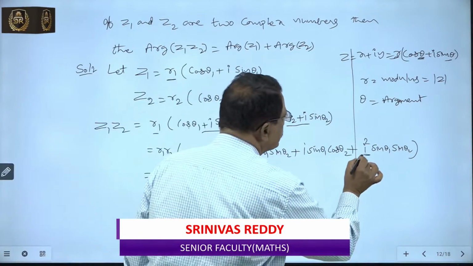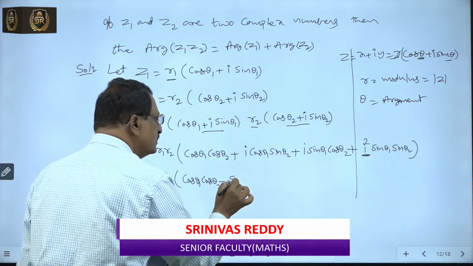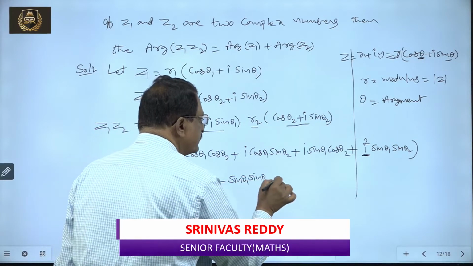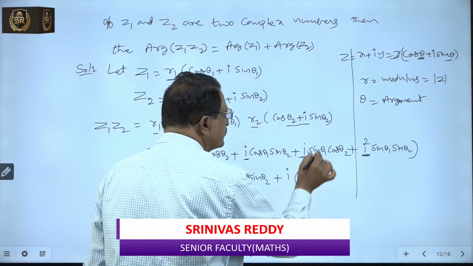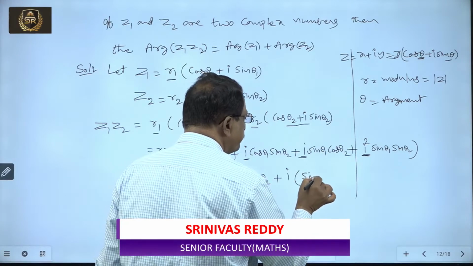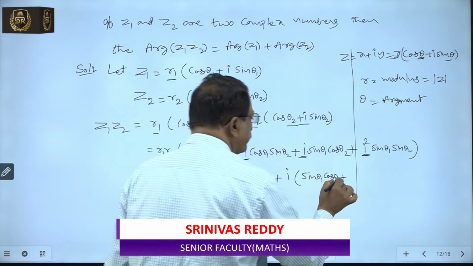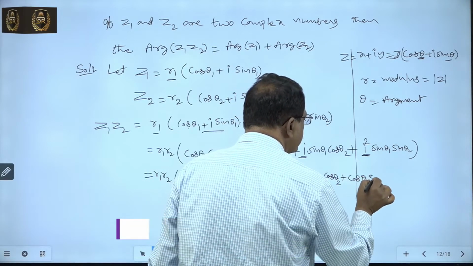Last term, i square equals minus 1, so we get minus sin theta 1 sin theta 2. Plus, in these two terms I take common sin theta 1 cos theta 2 plus cos theta 1 sin theta 2.